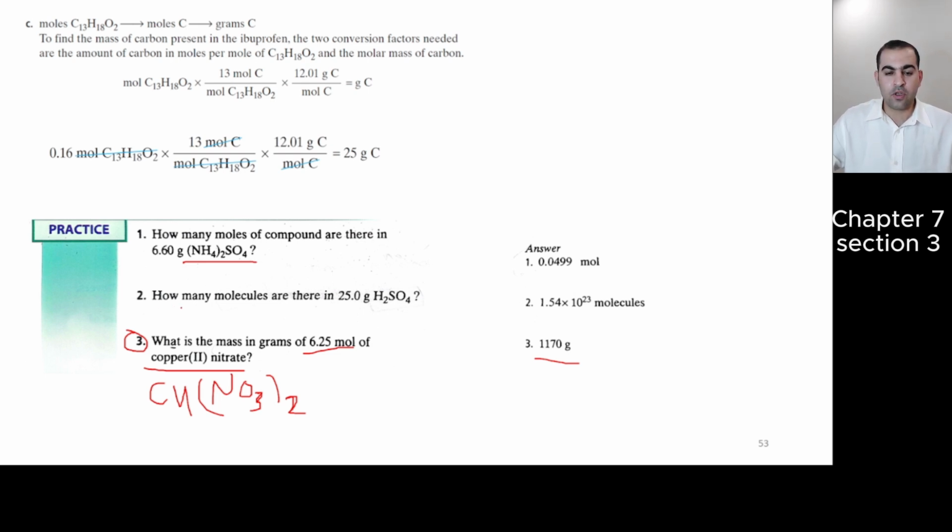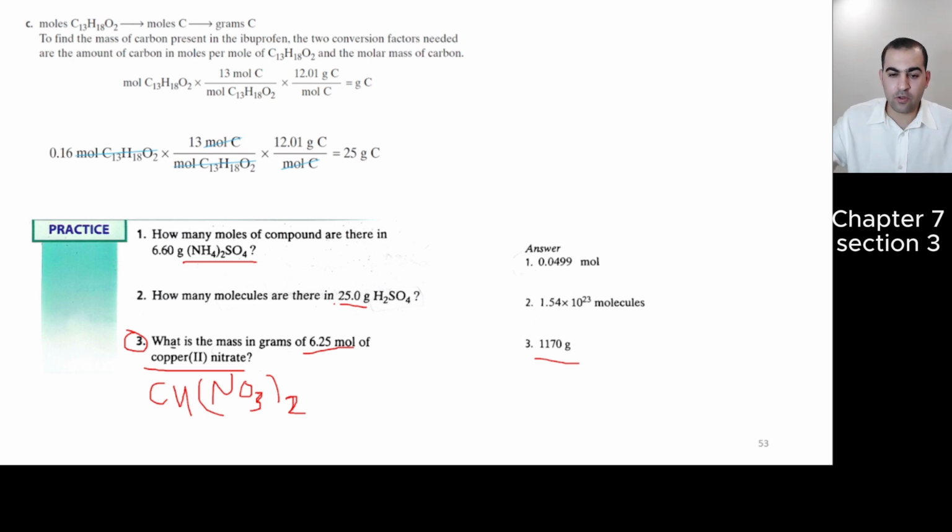Here, guys, how many molecules are there in 25 grams of sulfuric acid? It asks for the number of molecules, but grams is given. So we need to change grams to moles, because to find the number of molecules, mole times Avogadro's number gives you the number of molecules.